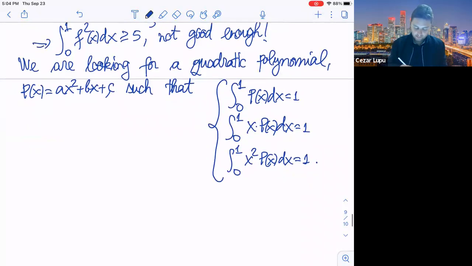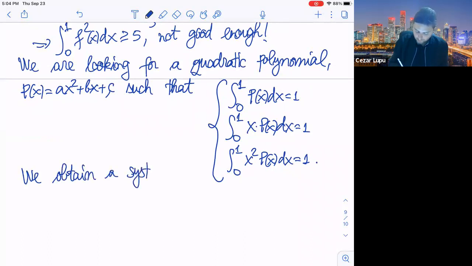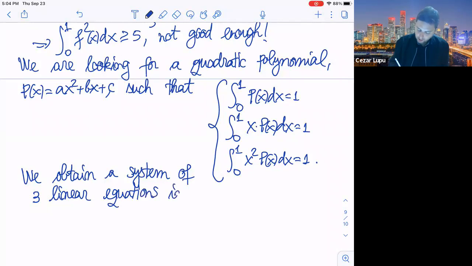So you will have a system of 3 linear equations in A, B, and C. You just plug it in, you compute those 3 integrals, you'll have some, well, I wouldn't say that crazy, but it's a system of 3 linear equations.